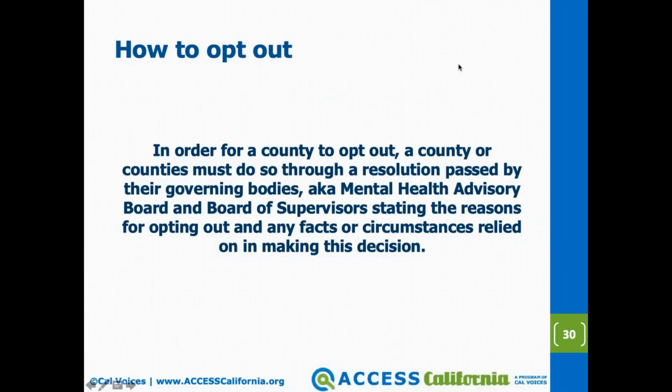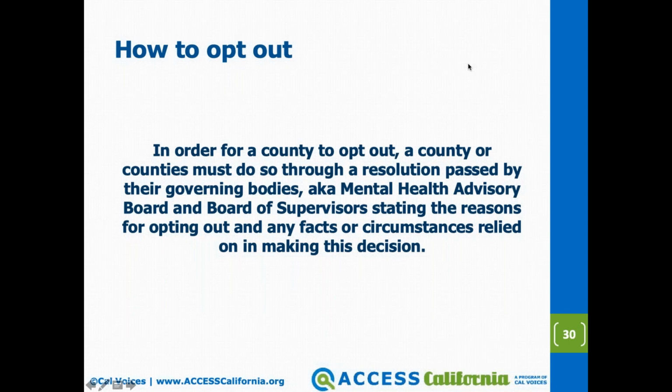So, in order for a county to opt out, a county or counties must do so through a resolution passed by their governing bodies, such as their mental health or behavioral health advisory boards or the board of supervisors, stating the reasons for opting out and any facts or circumstances relied on in making the decision.